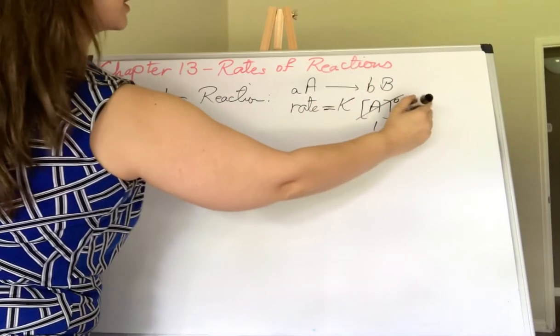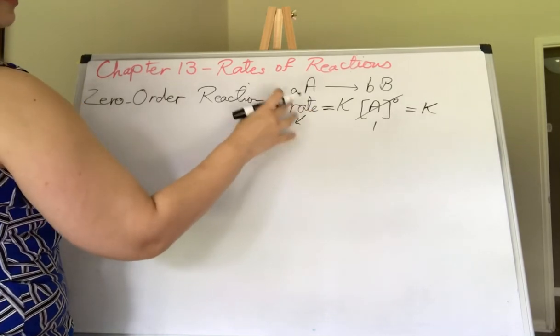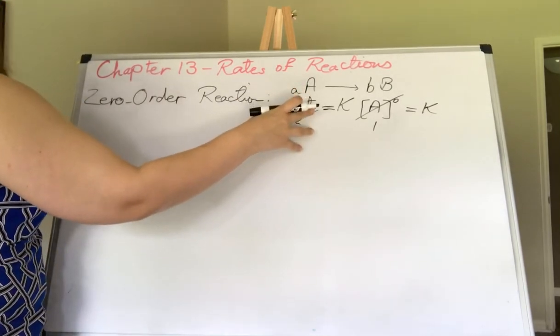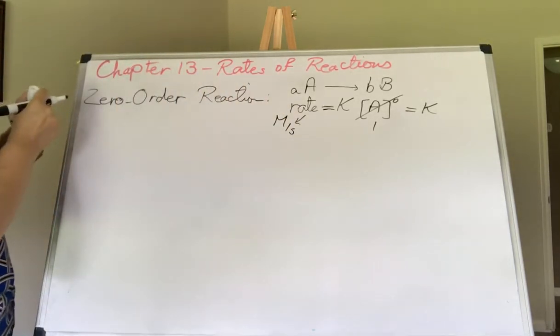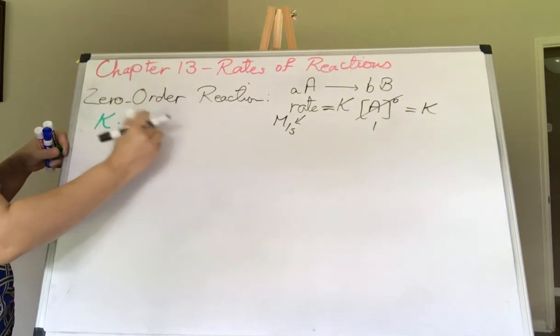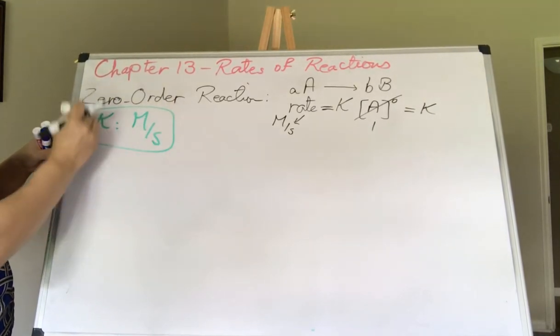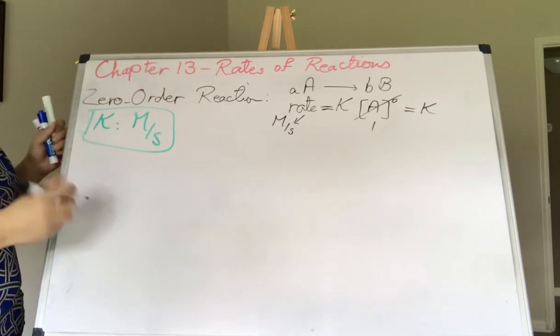So it's just K. What was the unit for rate? It is the change in concentration over change in time, so it's molar per second. So for a zeroth order reaction, the unit for K is molar per second. You don't have to memorize them. You can just find it from the experiment.